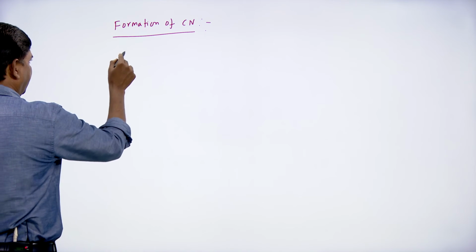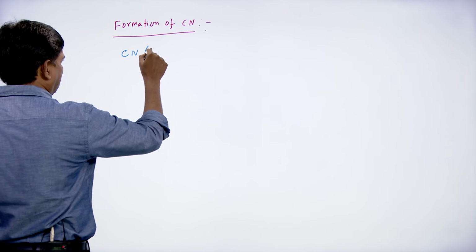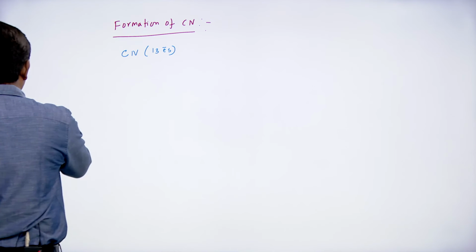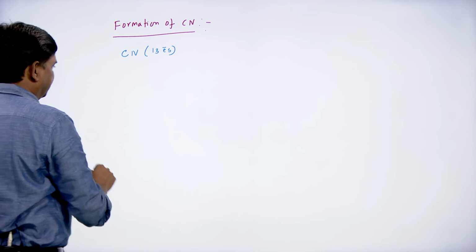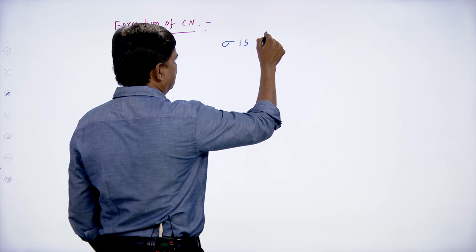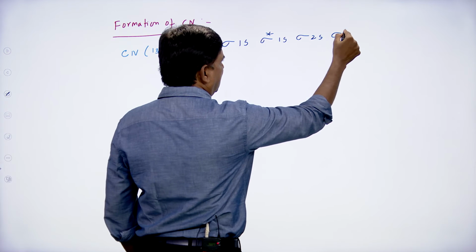Cyanide contains 6 plus 7, 13 electrons. And if you write the electron configuration, same: sigma 1s, sigma star 1s, sigma 2s, sigma star 2s.